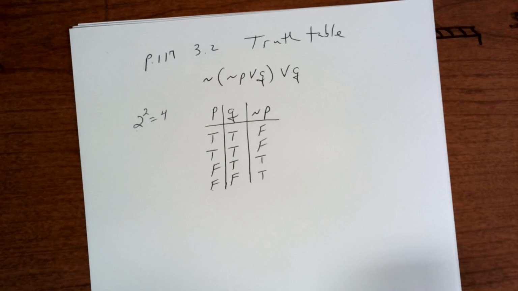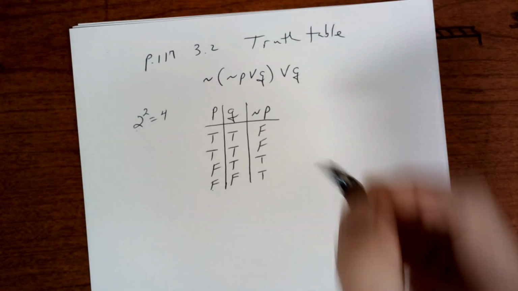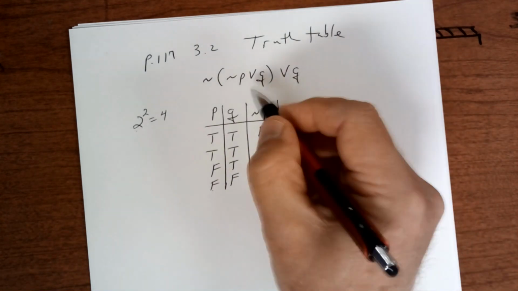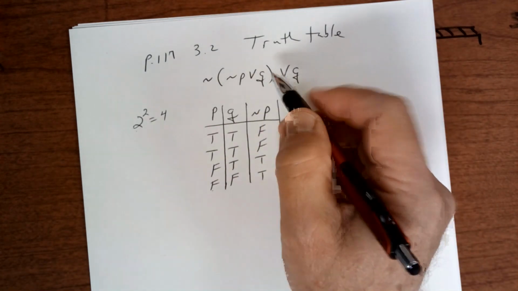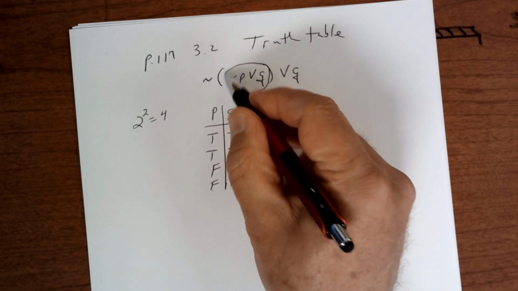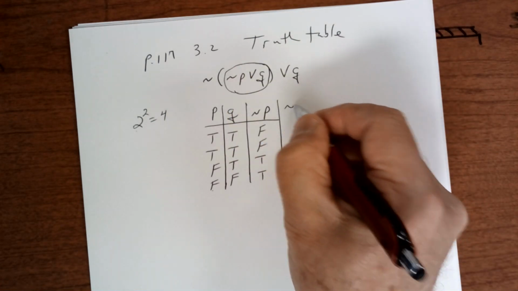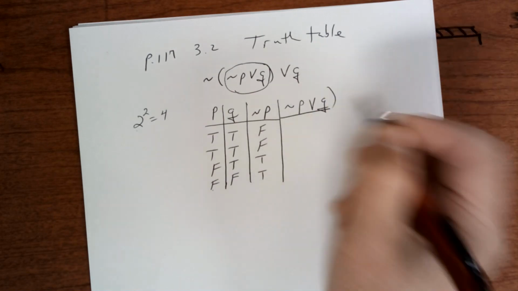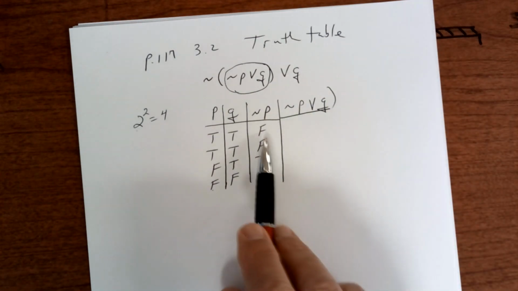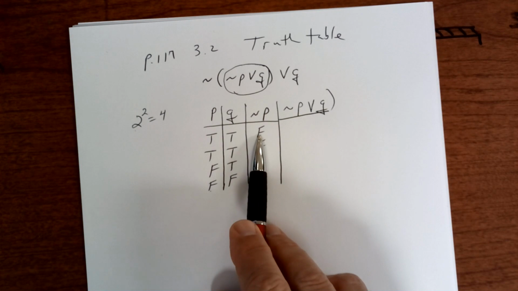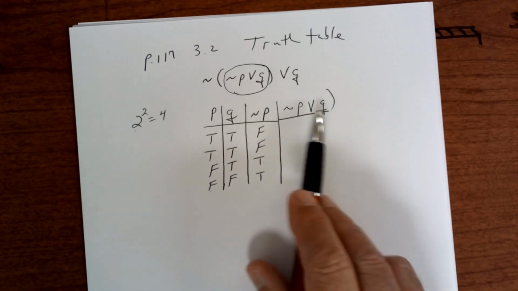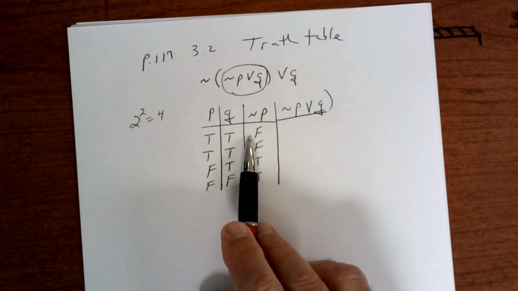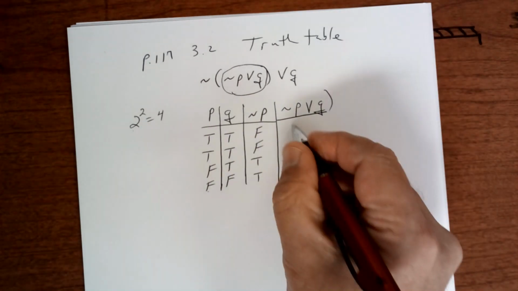Okay? Now let's expand it to the next part. Let's do this part right here in the parentheses. So write that down. Not P or Q. Okay, let's check that out. So not P is here, or Q. So it's or, so it could be this one or this one, as long as one's true. So that one's going to be true.